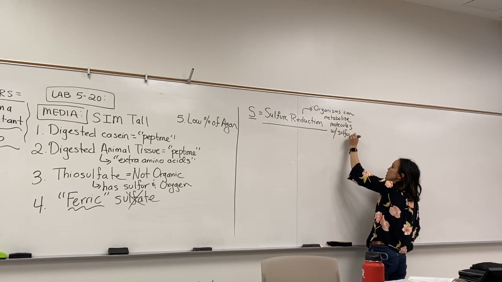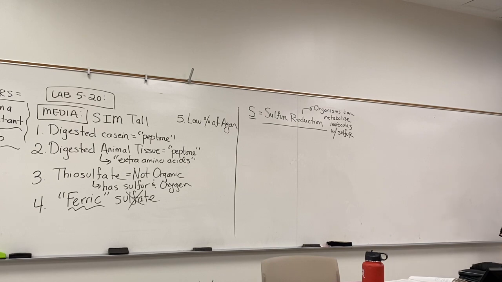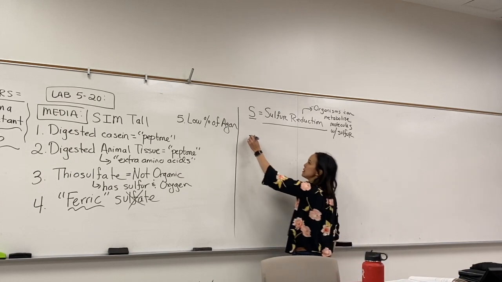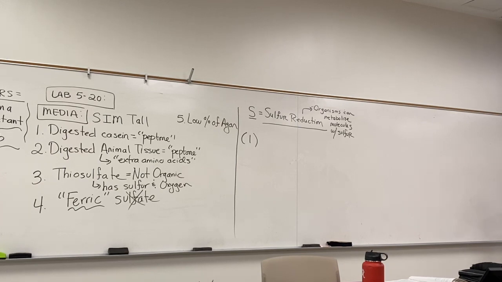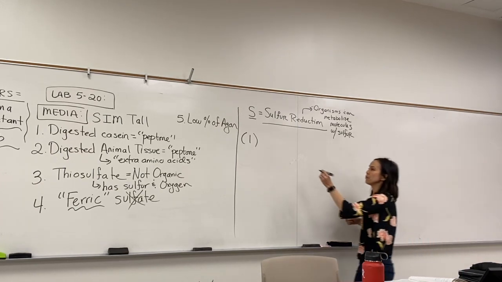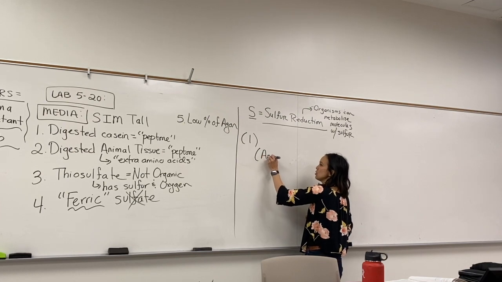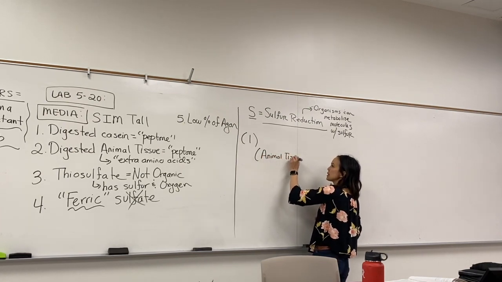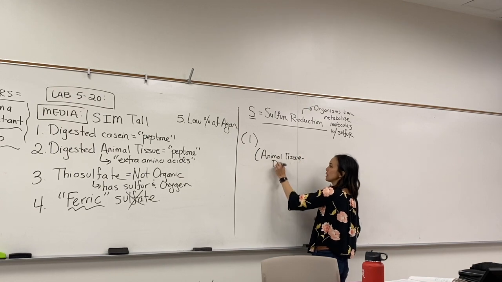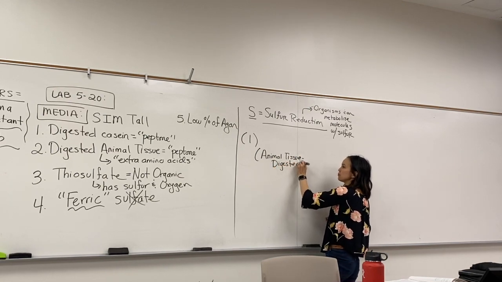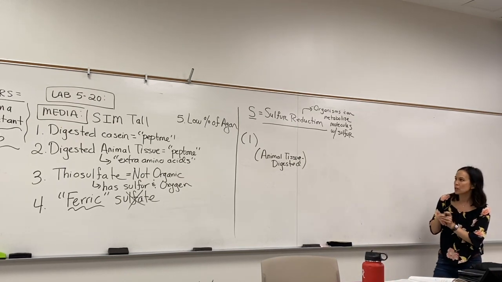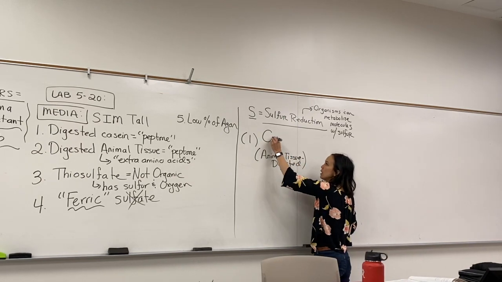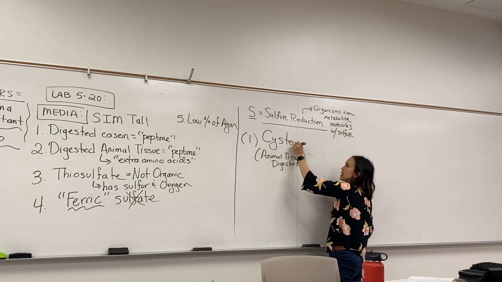So for the sulfur reduction, we have two options. One of the options is connected to that digested animal tissue. The reason they added that extra piece in there is because we want to make sure there's plenty of amino acids, and there's one amino acid in particular.